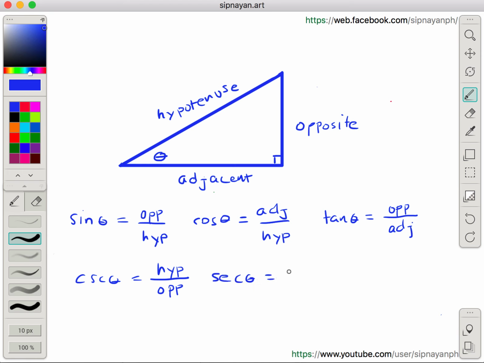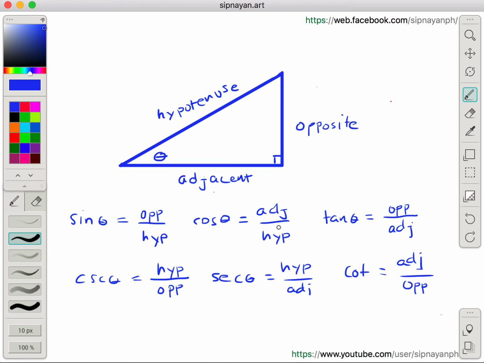Secant theta is equal to hypotenuse over adjacent. And yung inverse ng tangent, cotangent, is equal to the length of the adjacent side over the length of the opposite side. Again, mga lengths yung pinag-uusapan natin dyan.